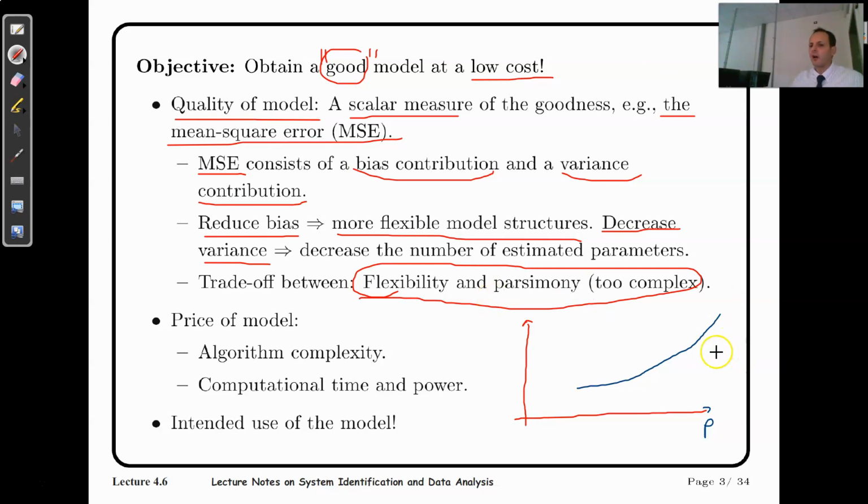And you have a very complex system, too complex. On the other side, with a reduced number of parameters, the mean square error is increasing, you are deteriorating your error.